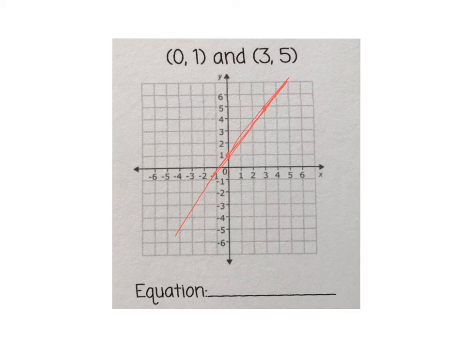Okay, now I'm ready to calculate. So I'm going to press stat. Go over to calculate. Number 4. Hit enter as many times as you need. All right, so now we have our A value and our B value there.